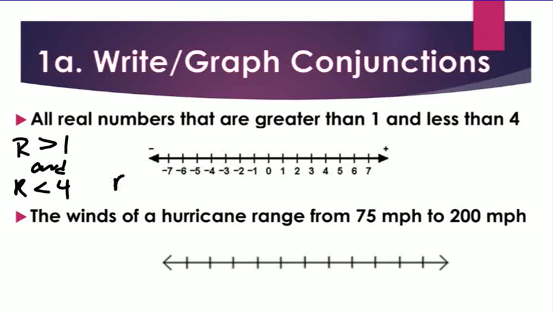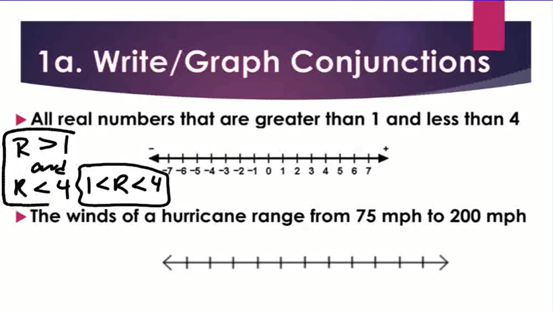I could also have r in the middle and say that it's less than 4, but it's greater than 1. So there are two different ways of writing that. This one is 1 less than r, which is less than 4, or you can use the keyword and. You have to use the keyword and in between the two because they are conjunctions. They have something in common.